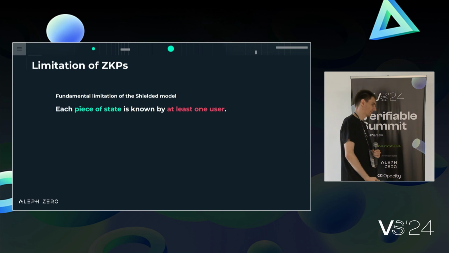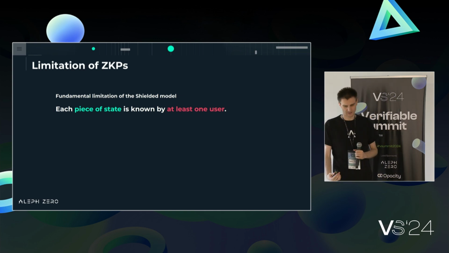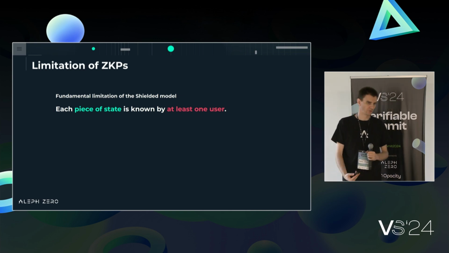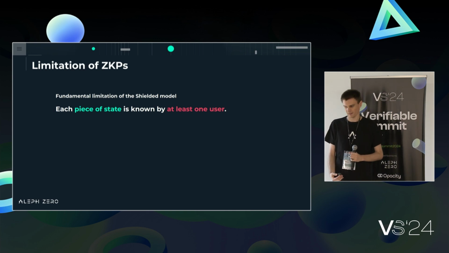And the limiting factor is that when using this shielded model, when using just pure ZKPs, every piece of state is held by at least one user. So you could ask why? Why are we assuming that?